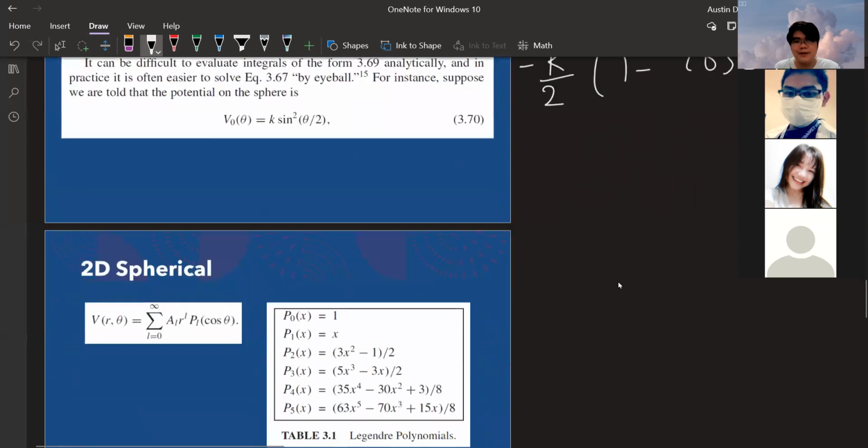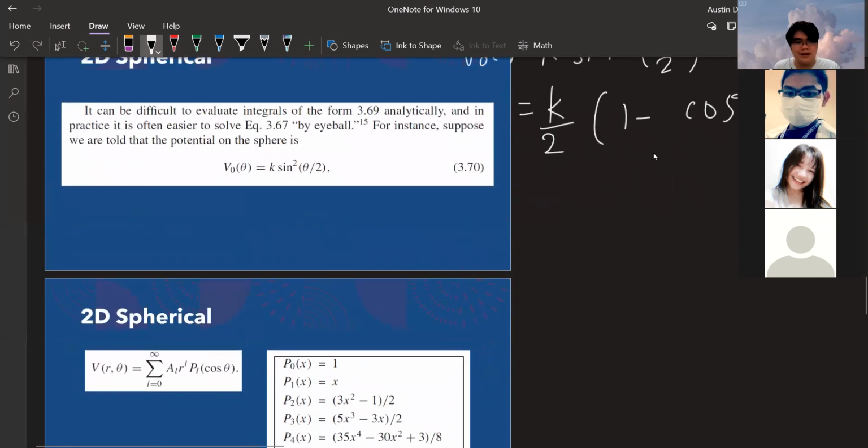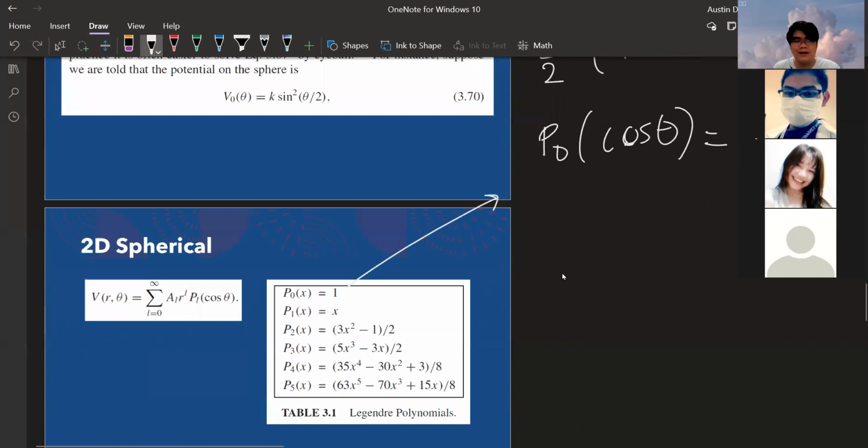Okay? And amazingly, tingnan natin itong mga values na to. Pag nagawa akong P0 of cosine theta, that is just 1. Diba? Kahit ano naman plug in ko sa x dito, 1 pa rin sagot. Then, P1 would be, if cosine theta siya, magiging cosine theta.